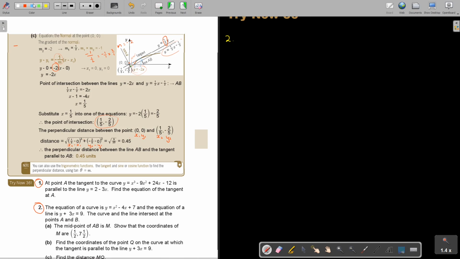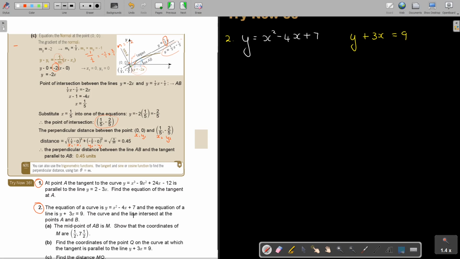Let's write that down too. The equation of the curve, and the equation of the straight line, in another color.